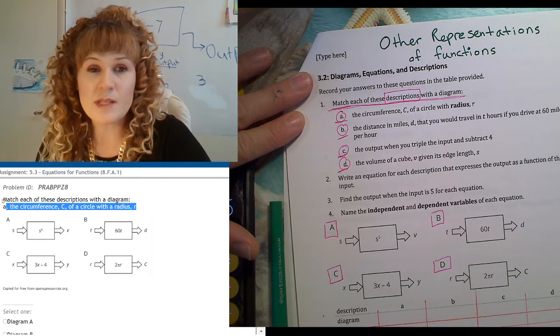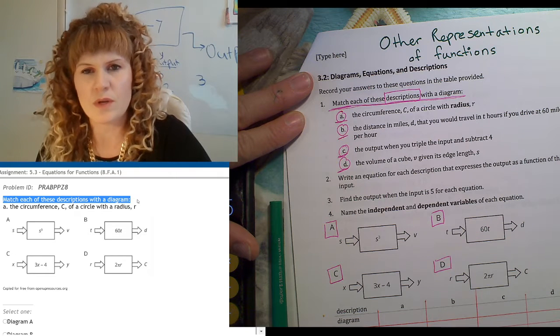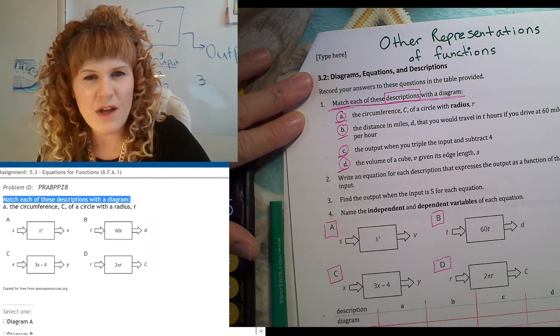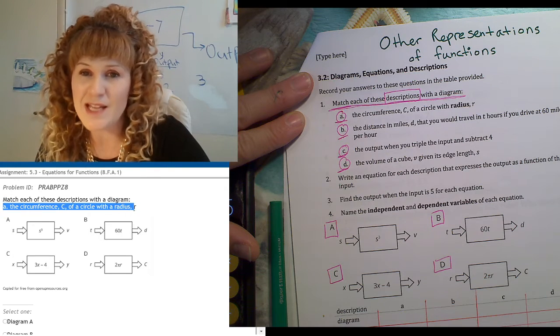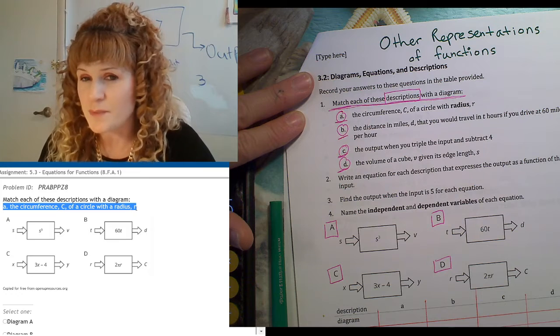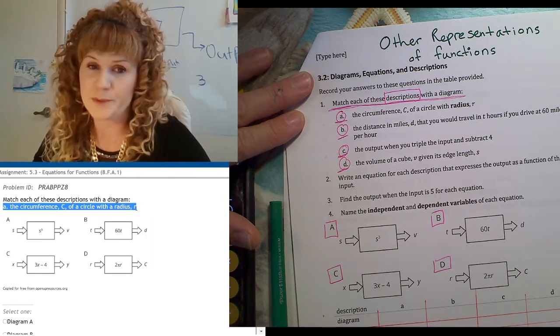I think this program's a little hard to use because it says match each of these descriptions with a diagram, but it only gives you 1 description at a time. So if you're just using the program, you don't know that there are 4 descriptions total.